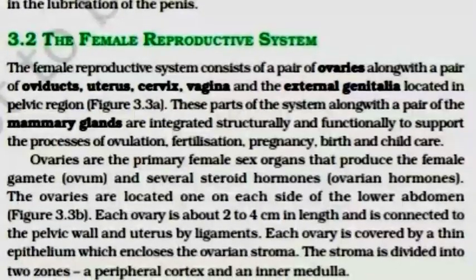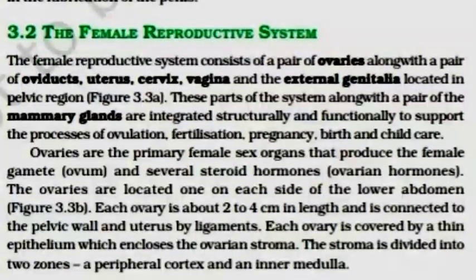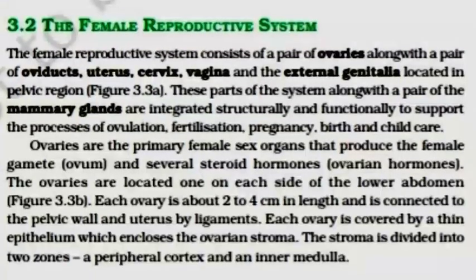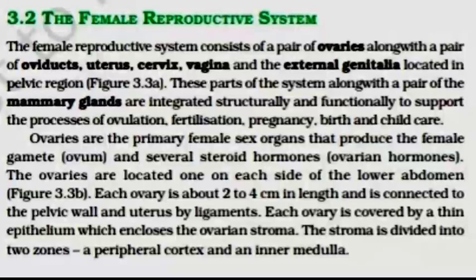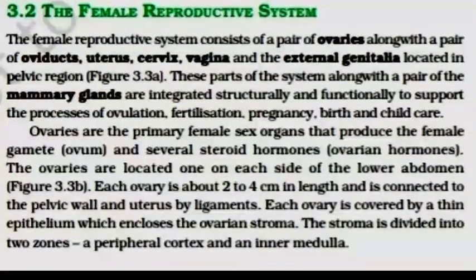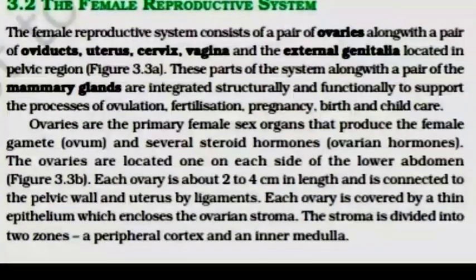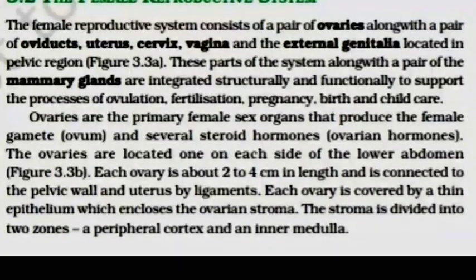Each ovary is about 2 to 4 cm in length and is connected to the pelvic wall and uterus by ligaments. Each ovary is covered by a thin epithelium which encloses the ovarian stroma. The stroma is divided into two zones, a peripheral cortex and an inner medulla.